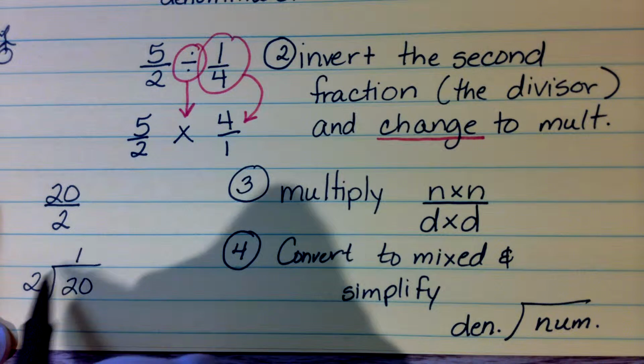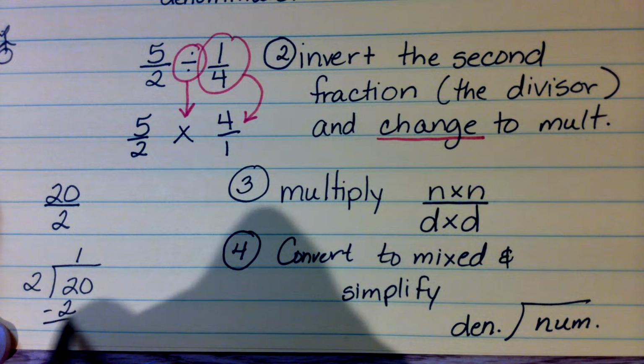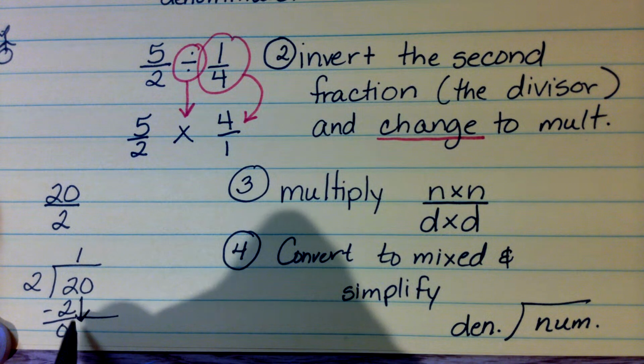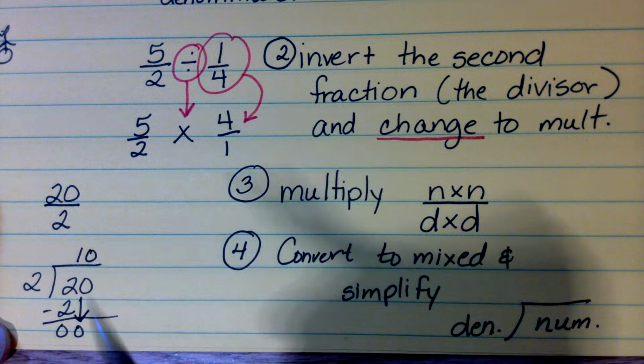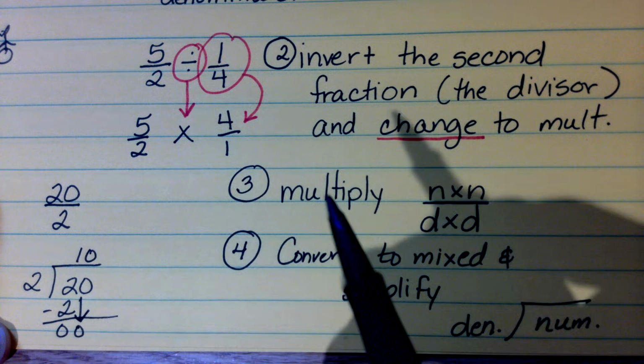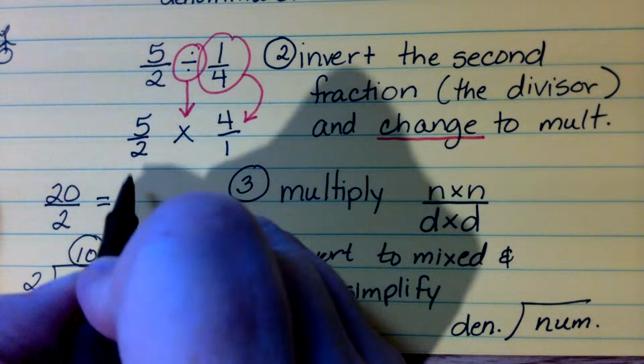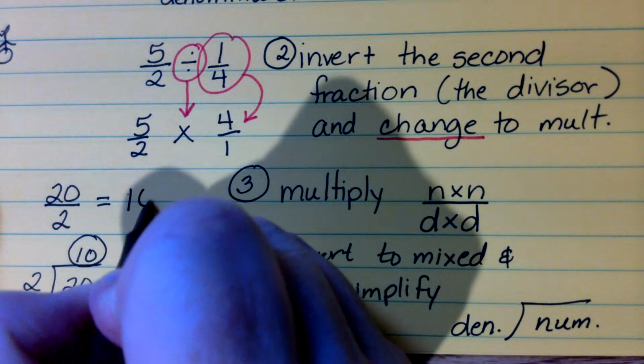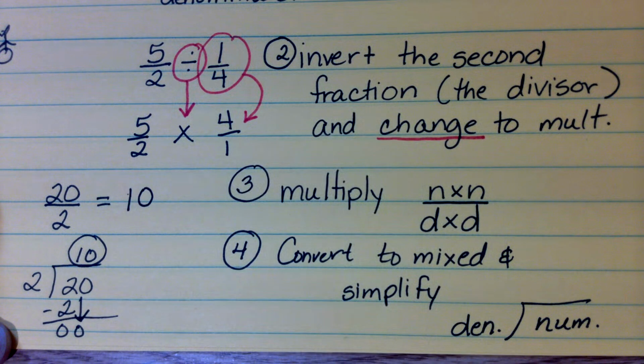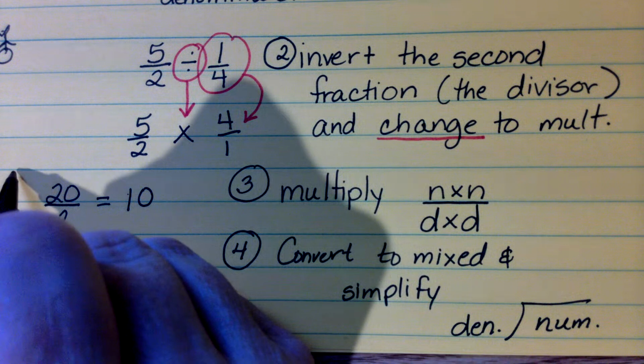So 2 times 1 is 2. We subtract, we get a 0. We bring our 0 down. We have no remainders, and 10 is our answer. So 20 halves is 10.